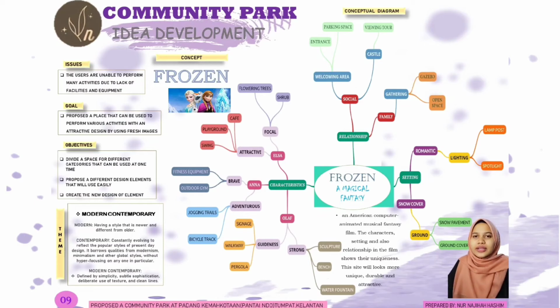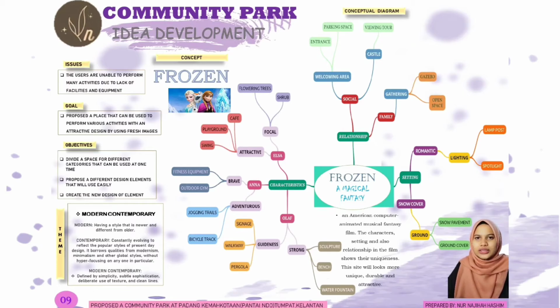Okay, the theme that has been chosen for the site is modern contemporary. The meaning of modern is having a style that is newer and different from older ones. The meaning of contemporary is constantly evolving to reflect the popular styles of present-day design.